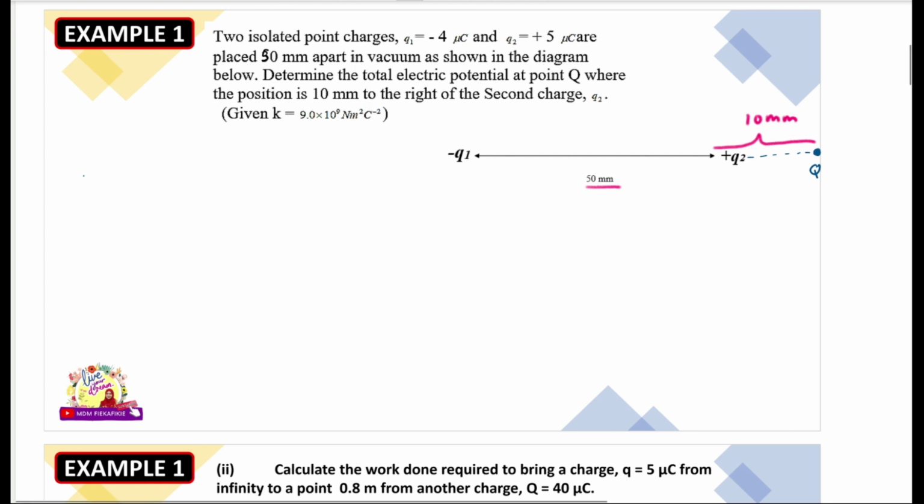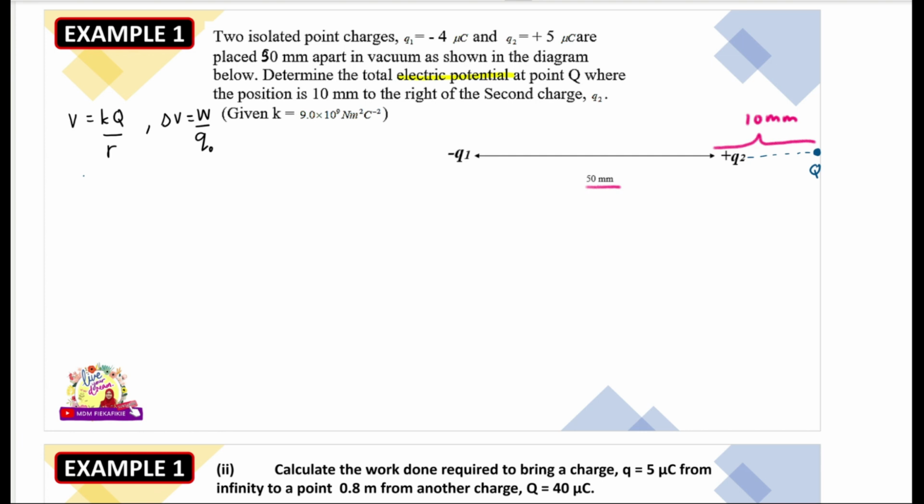Always remember the equation for electric potential: V is equal to KQ over R. And another equation related to electric potential is delta V is equal to W over Q0, where Q0 is the test charge.